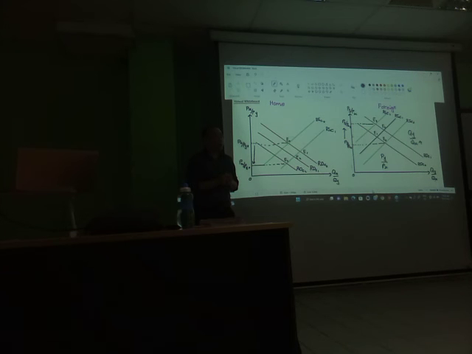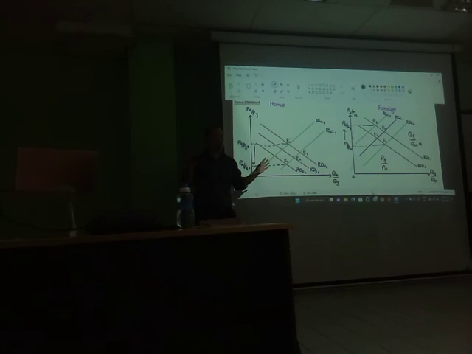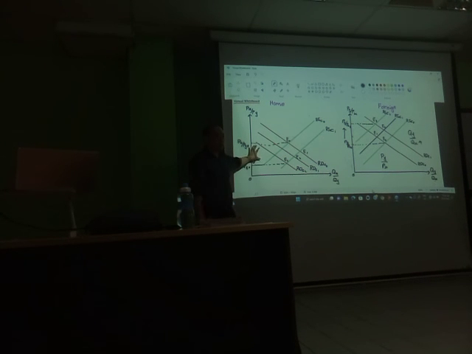Like this. So from here, can you tell me what happens to the terms of trade? In this new equilibrium E1, what happens? What is the impact on the relative price? Decreases or increases? Decreases. So can we say the terms of trade decreases or increases? Decreases also, right?